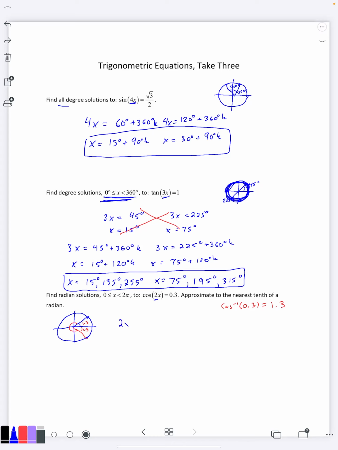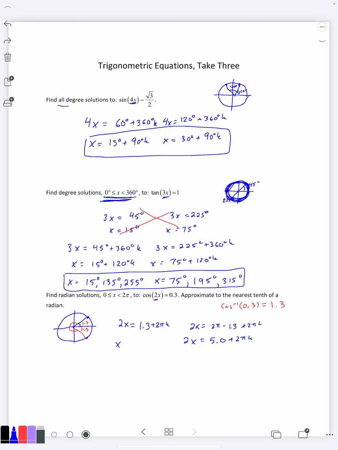So I'd have 2x is either equal to 1.3 radians, or 2x is equal to 2 pi minus 1.3 radians, which if I put that in my calculator, I'm getting 5.0. But again, we add on our 2 pi k to each one of these.